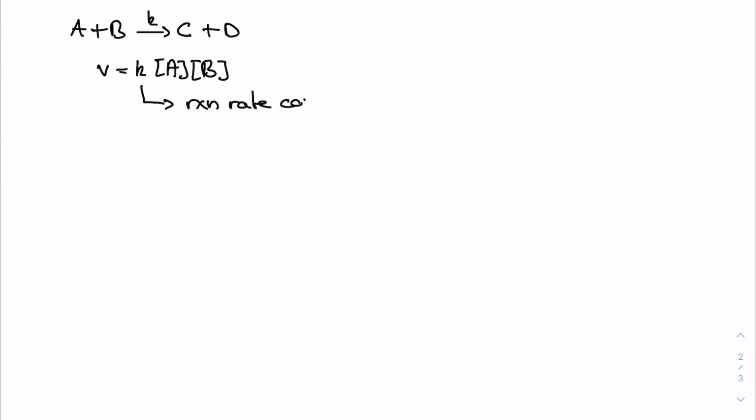So let's say we have reaction A plus B goes to C plus D. Right? The rate is k times concentration A times concentration B. So this k is the reaction rate constant. That is independent of concentration.